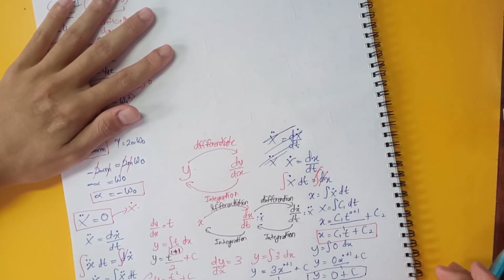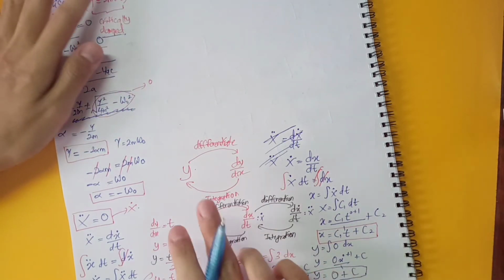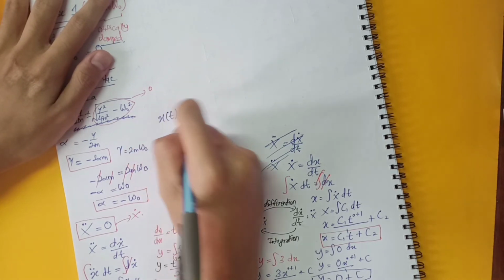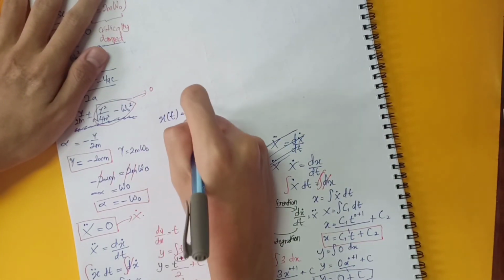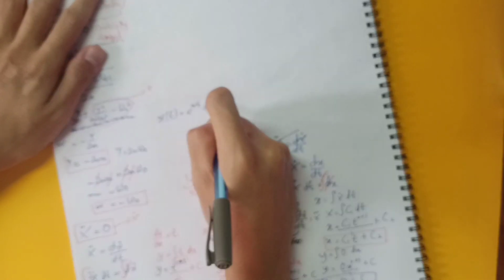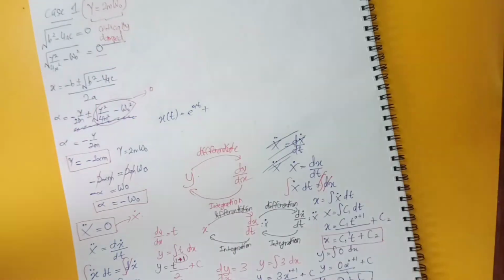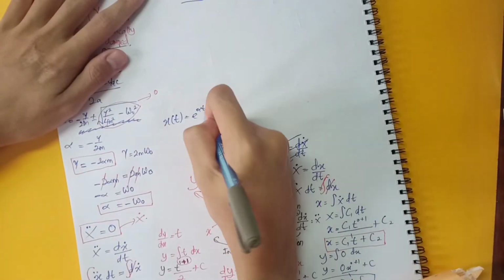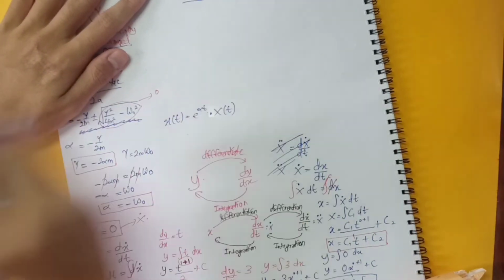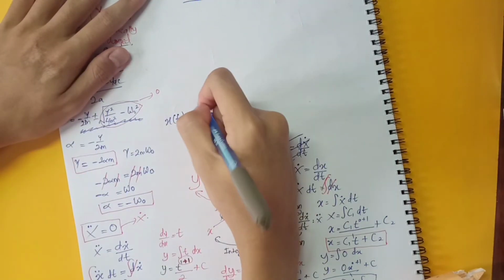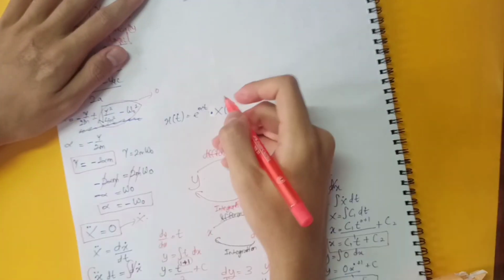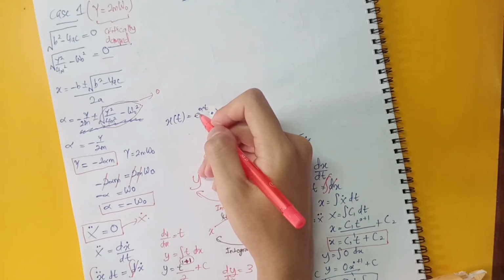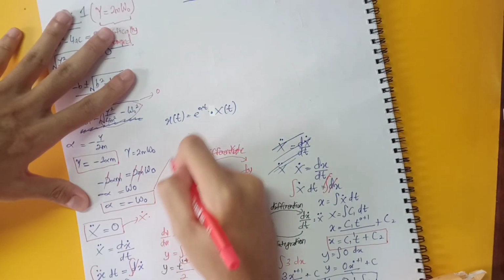Now let's look back at the first equation. I'll do some reminding here. So x(t) is equal to x capital S times x capital T. Very simple. Now when we talk about alpha, we know that alpha is equal to negative omega naught.